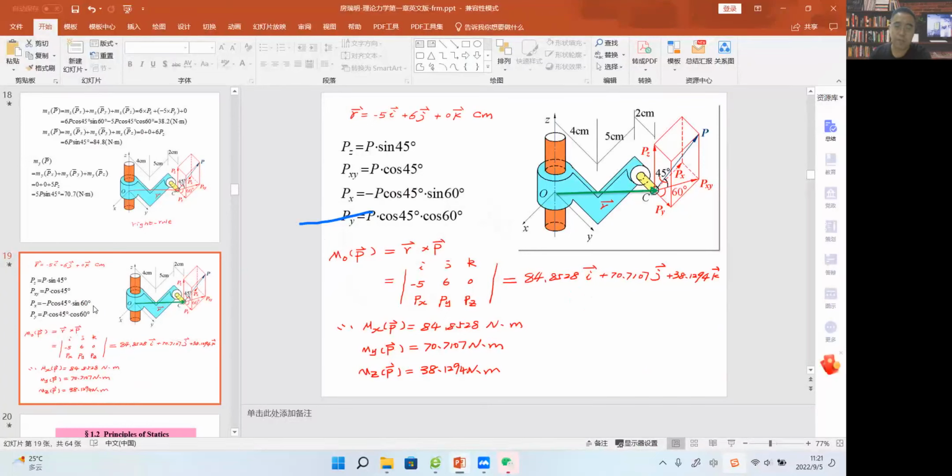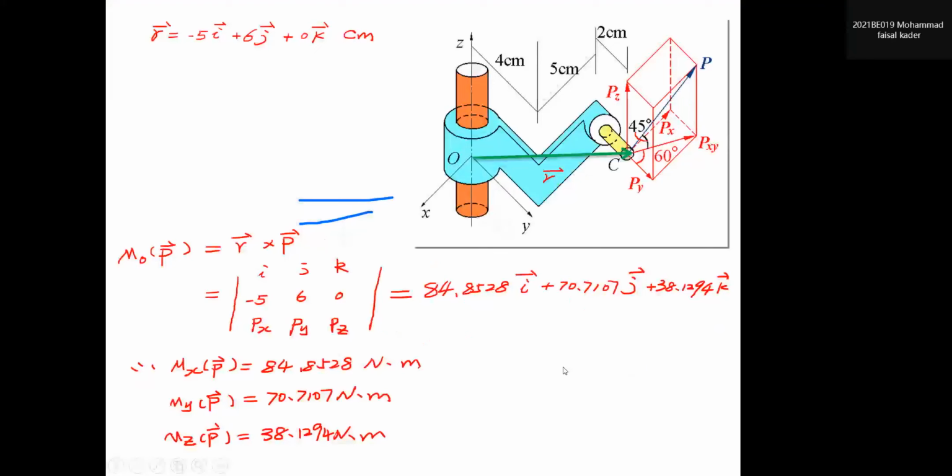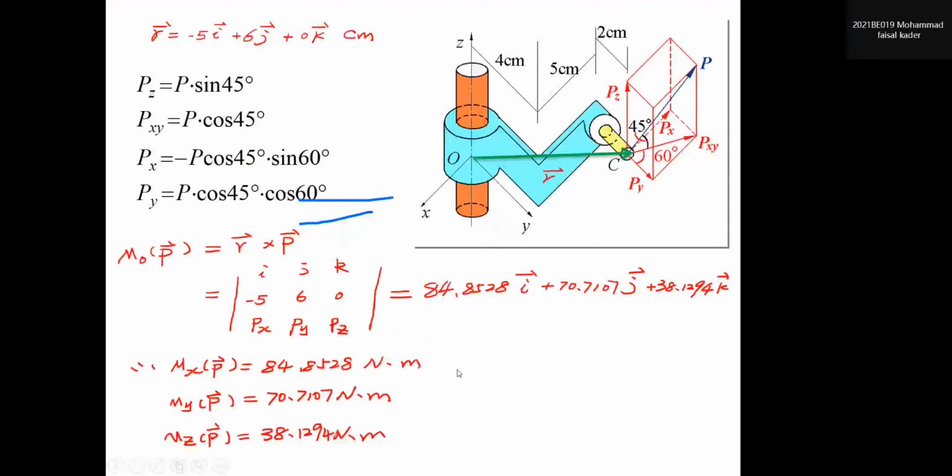Do you mean you don't know why there are these cos 45 degree and sin 60 degree here, right?